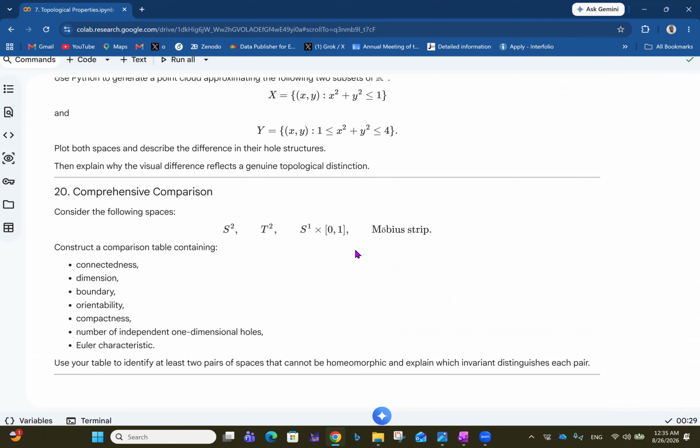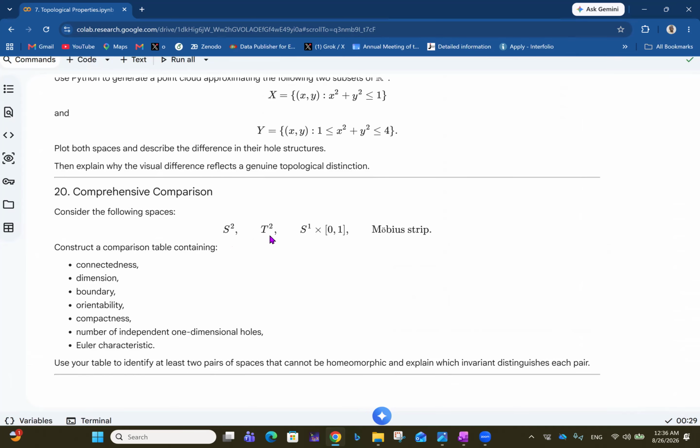Of course, we know S2 is connected. A sphere is connected. The dimension is 2. It has no boundary. It's orientable. It is compact. The beta one is 0, and chi, the Euler characteristic, is 2. Then a torus is connected. The dimension is 2.